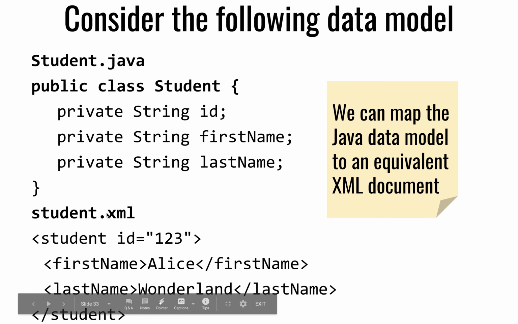So for instance, here we have a student.xml that has elements student, first name and last name, and we might want to map that student XML document into a student Java class. JAXB allows you to do that. Now, JAXB is a higher level library, very much like JPA was a higher level library.